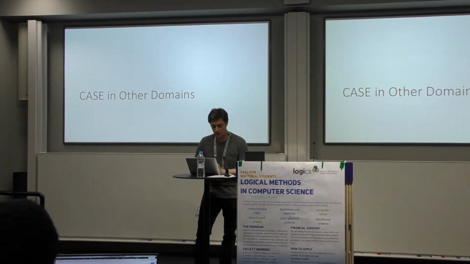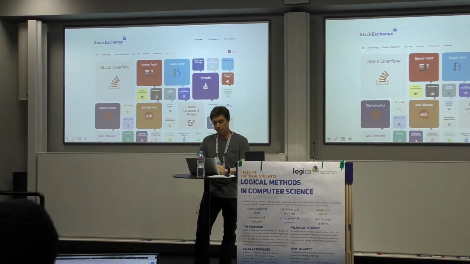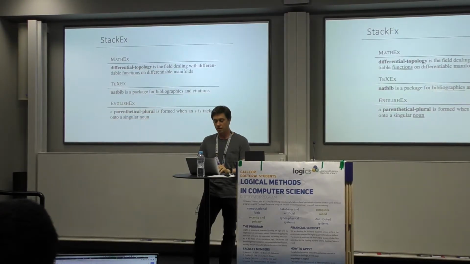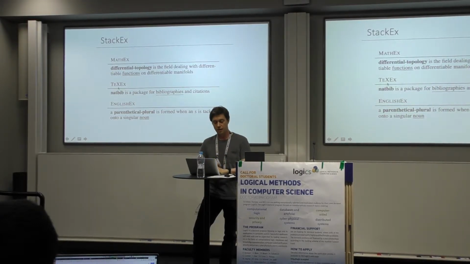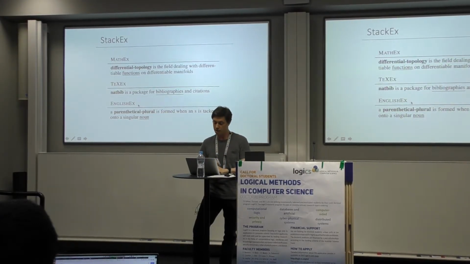So this is a bonus section, which is applying this model to other domains, because there's nothing really specific about software. Stack Exchange obviously has many sites, and they're all sort of deep expertise domains. And these are actually harder because they're smaller, there's less data. So we've created similar data sets for Math Exchange, Tech Exchange, and English Exchange.